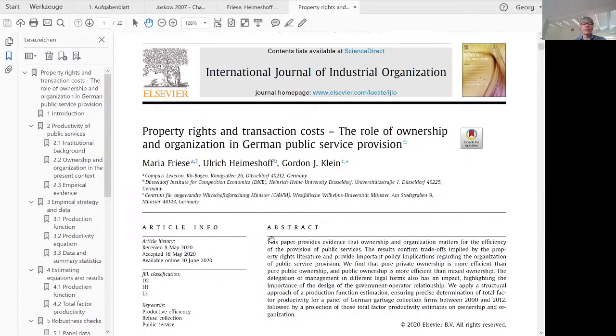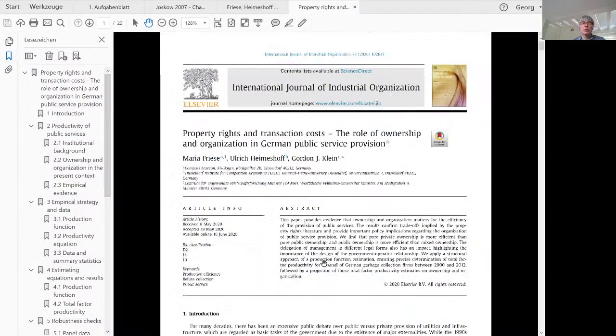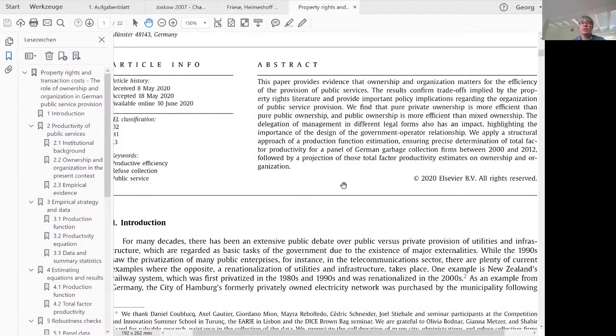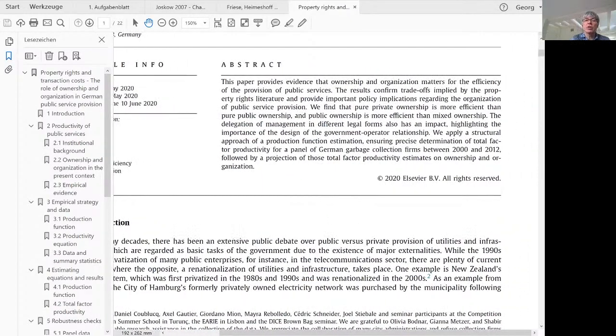Colleagues from Düsseldorf, from DICE, the Düsseldorf Institute for Competition Economics, in particular Maria Friese, Ulrich Heimeshoff, and Gordon Klein, did a study on German refuse collection. What they find is that poor private ownership is better than, more efficient than, poor public ownership, and that public ownership is better than mixed ownership.